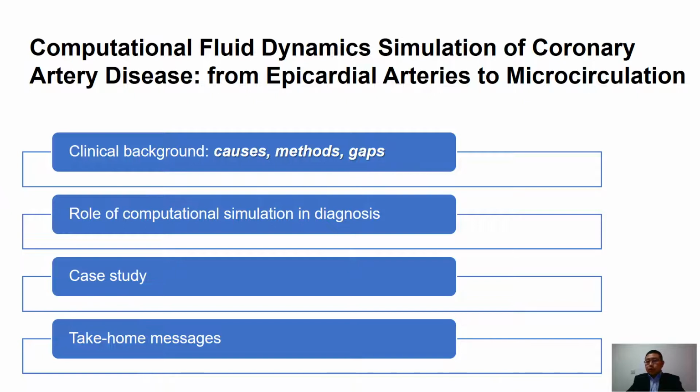Then I will introduce the role of computational simulation in the diagnosis of myocardial ischemia and relevant diseases. To provide an example, I will introduce one of my recent published works as a case study. Finally, I will summarize the state of the art and provide some take-home messages, which I believe will be useful for you.